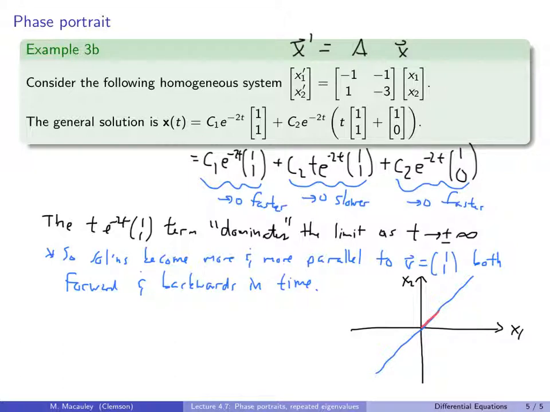So we had a solution that starts somewhere on this line, and as t goes to infinity, this thing goes to 0, and the solution goes toward the origin. So solutions on this line get sucked in to the origin, something like this. But the question is, what happens off this line?